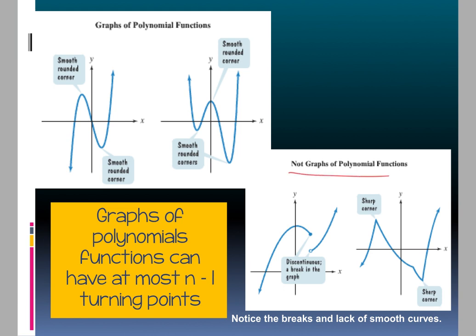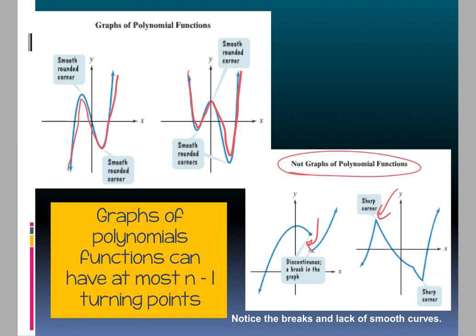So these are not graphs of polynomial functions. This one's piecewise. This sharp corner will not happen in the things that we are about to graph. They will be fluid.